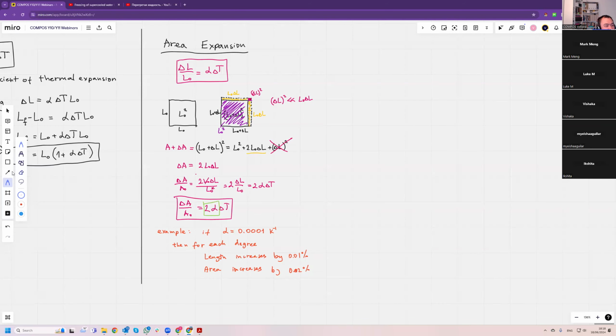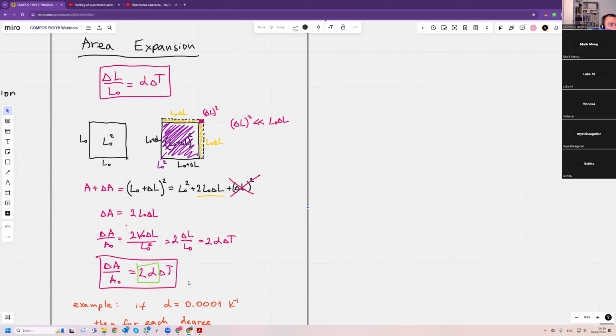Okay. Now volume expansion. Once again, we take a cube.